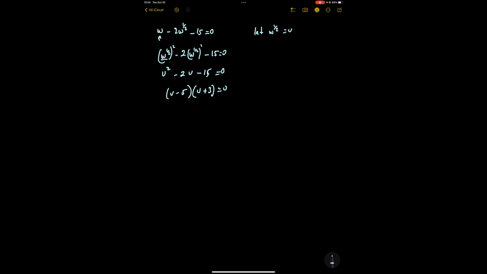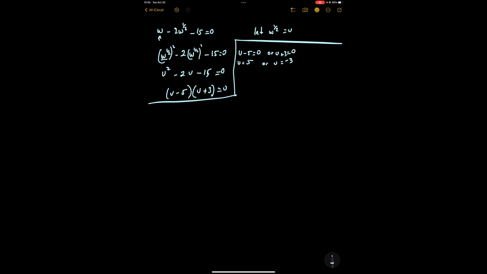So that would be u minus 5 equal to 0, or u plus 3 equal to 0. That would be u equal to 5, or u equal to negative 3.